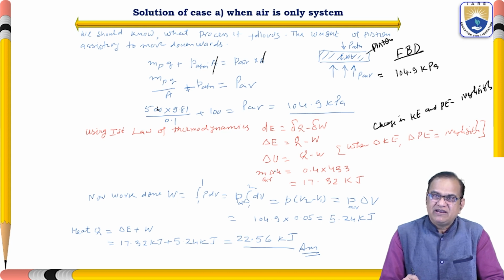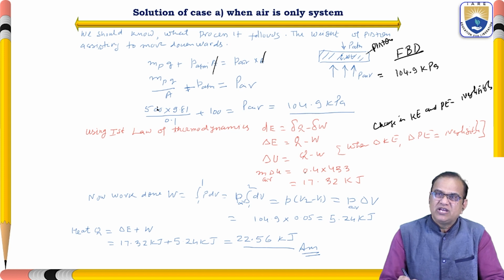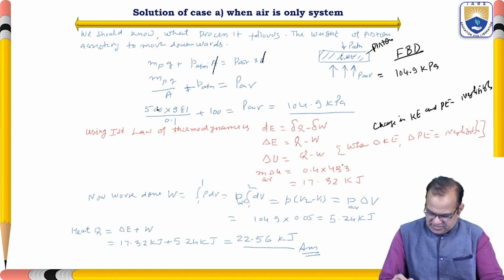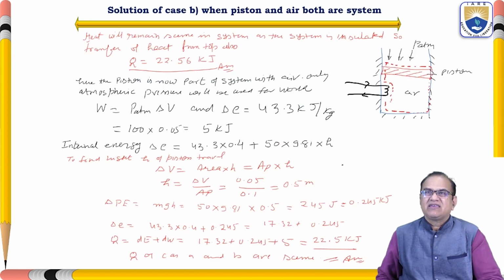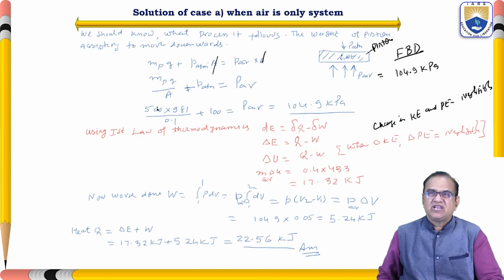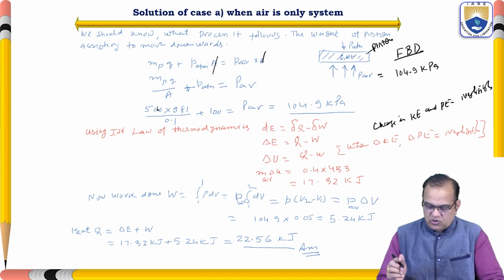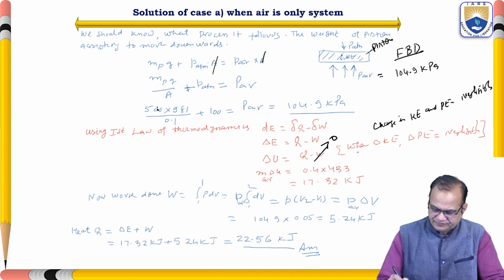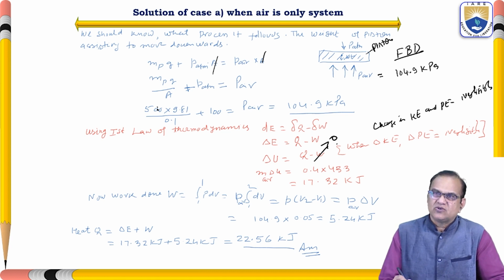So M of air into delta u small is 0.4 into 43.3, where the specific energy is 43.3 and 0.4 is the mass of air, and W is equal to 0.